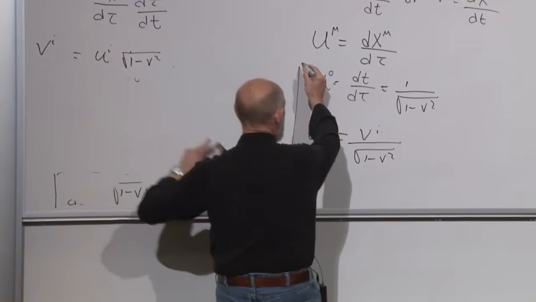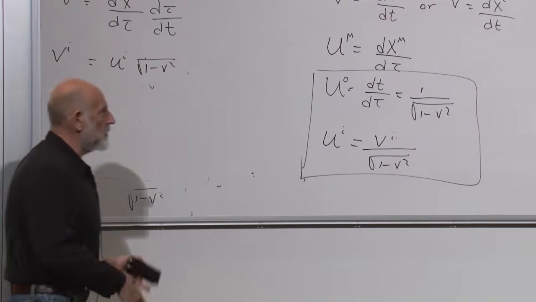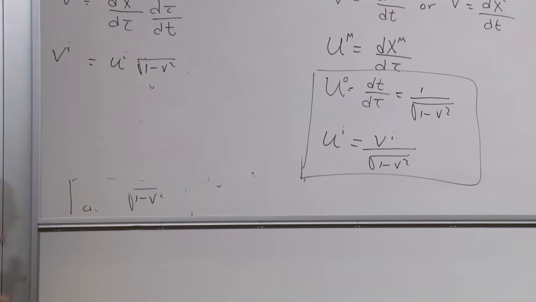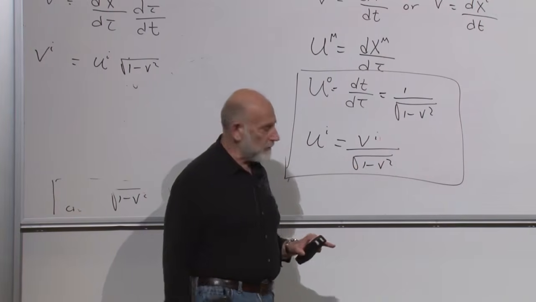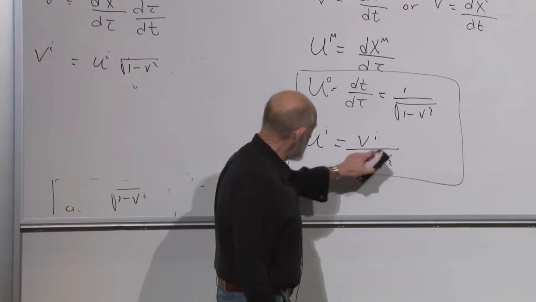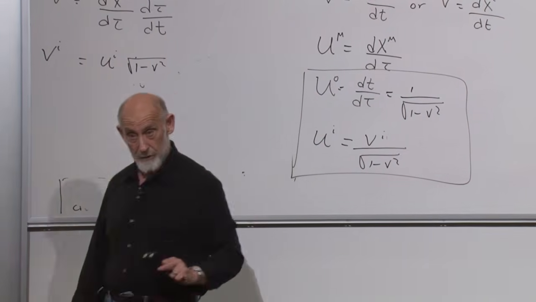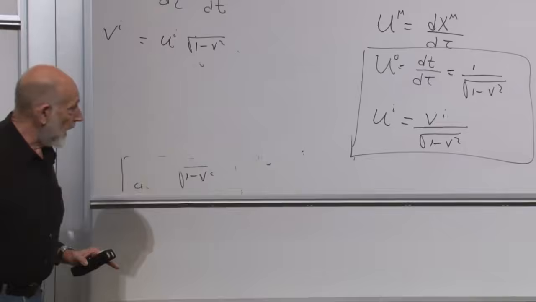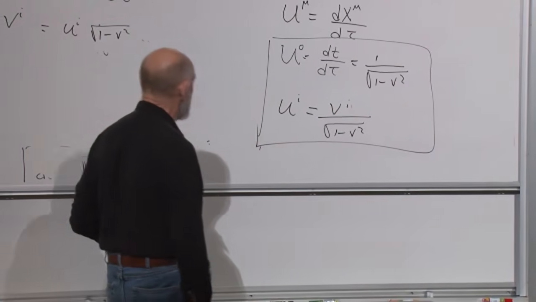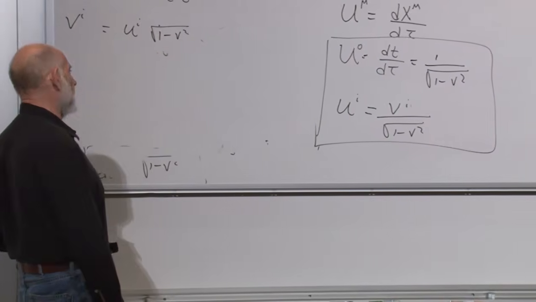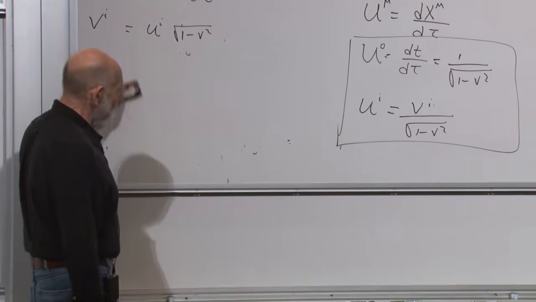This is the basic computation you would do to find the components of four-velocity. In the non-relativistic limit where v is very close to 0, the square root is trivial, and u sub i and v sub i, the two notions of velocity, are the same. As you get closer and closer to the speed of light, u sub i becomes much bigger than v sub i, or v sub i is much smaller than u sub i.